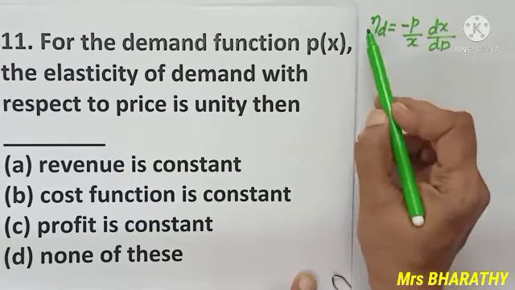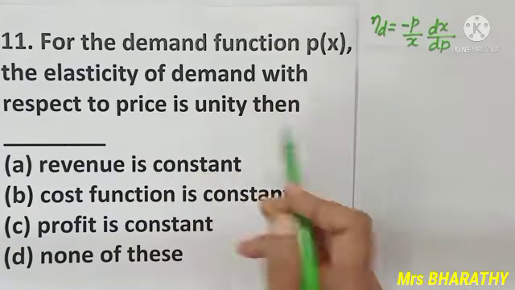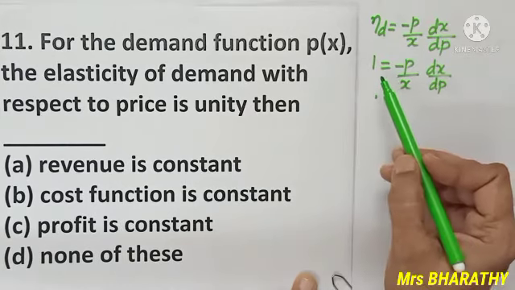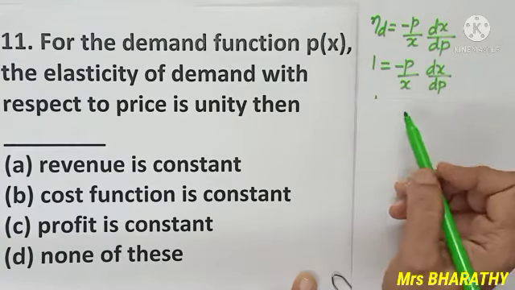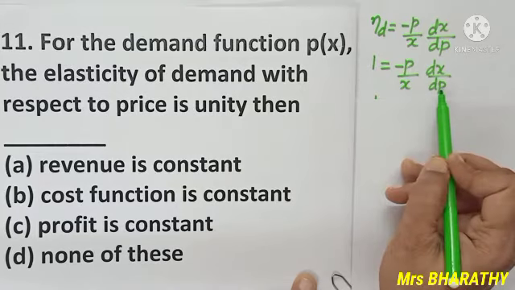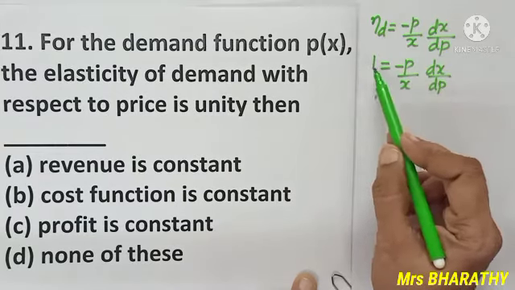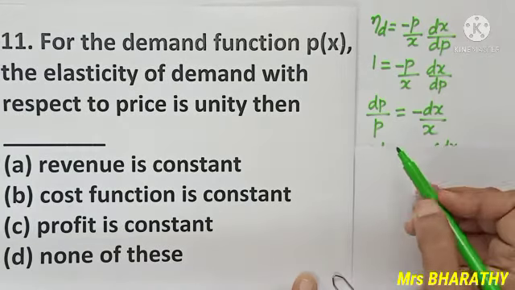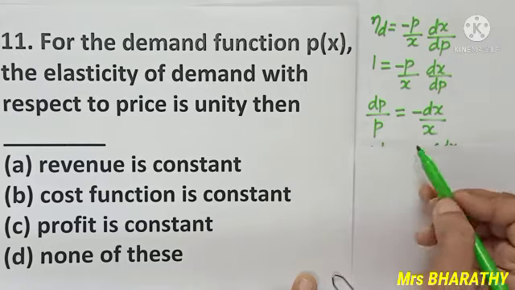Given elasticity is 1, so in the place of eta d, let me put 1. As I separate the variables, I will take p to the left as dp by p, and then we try to integrate on both the sides.